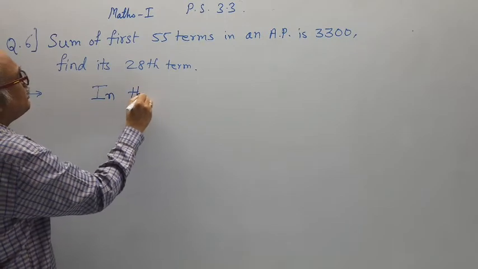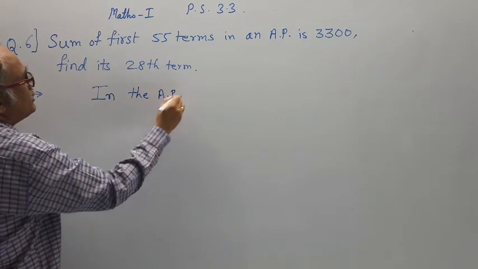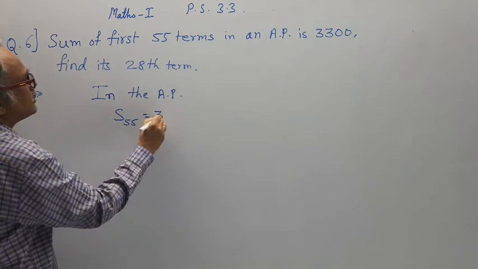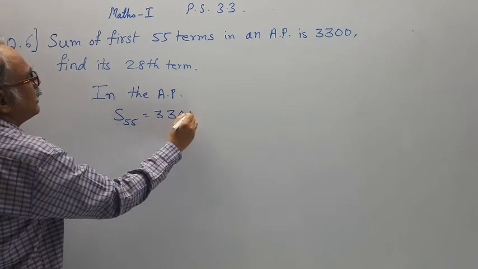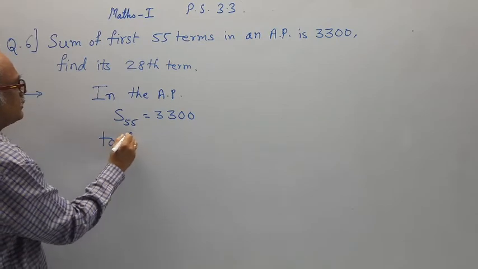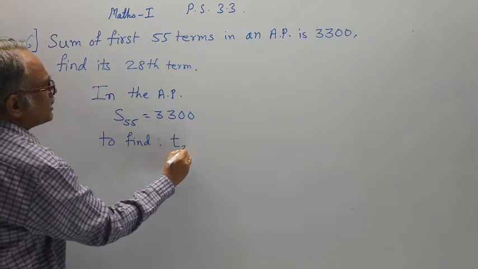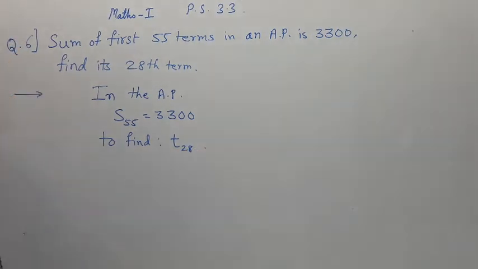In the AP, what is given? S55 is 3300. And what to find? T28, the 28th term. Only this much is given in the question.